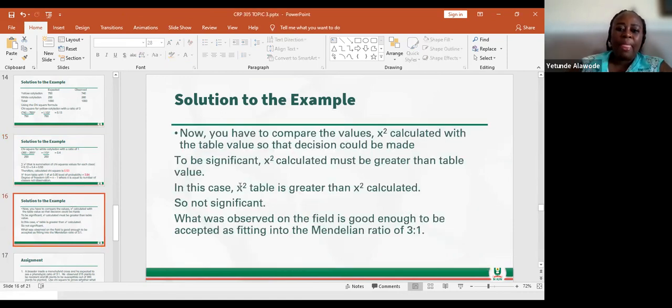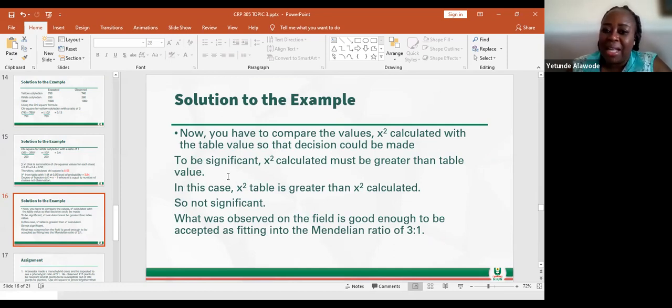And in chi-square, when you compare two values, calculated value must be greater than the tabulated value. Must, that I said, does not mean that it should be like that. What I'm trying to say is, if the calculated is greater than the tabulated, then you accept it.